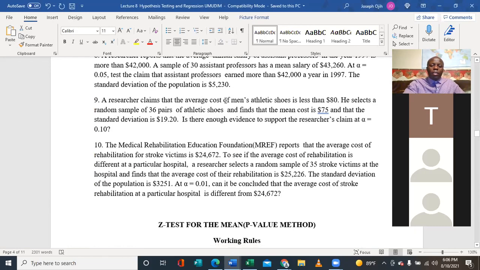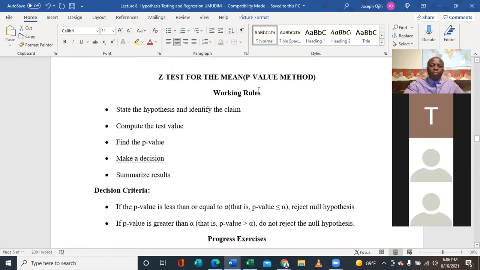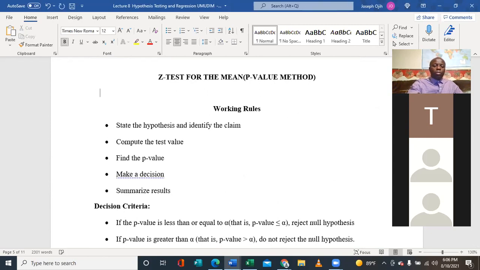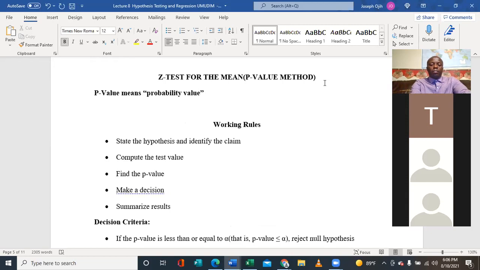P-value simply means the probability value. So p-value is a way of saying probability value method. Now, for the p-value, we use the same test statistic.